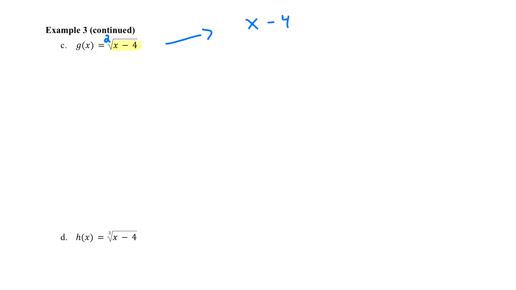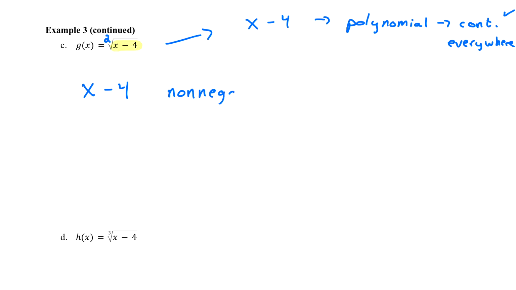First, I want to determine what type of function this is. Well, this is a polynomial. So we said polynomial functions are continuous everywhere. So that's good. That means we don't really need to worry about that piece. So we know it's continuous everywhere, but the thing we do need to worry about, that extra thing, is we need x minus 4 to be non-negative.